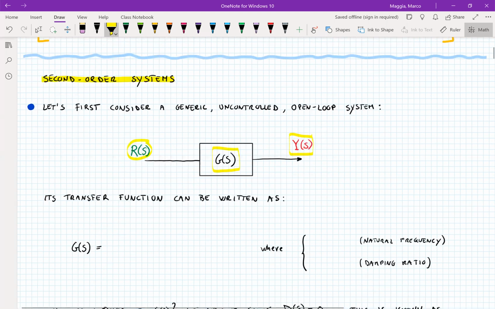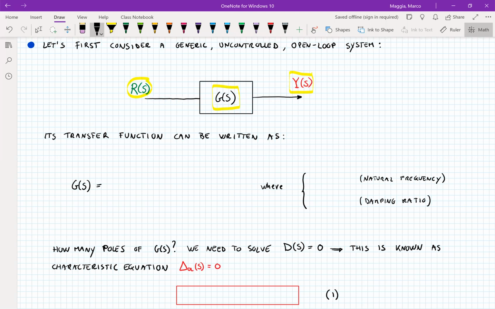The system transfer function can be written as usual as a numerator over a denominator. And for a second order system, and I've already anticipated that a couple of lectures ago, we can write it as omega n squared over s squared plus 2 zeta omega n s plus omega n squared.